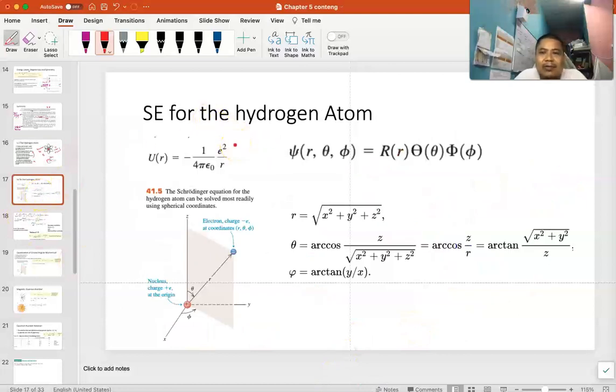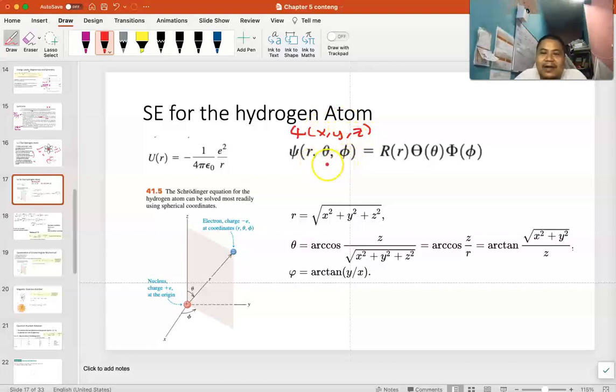So when we want to use the Schrodinger equation for the hydrogen atom, we have to convert the coordinate system, because we have x, y, z. It is not suitable for explaining the hydrogen atom, because the atom is thought to be spherical. So we need to convert the coordinates. Originally the particle has x, y, and z, so we need to transform all these x, y, z into r, theta, and psi.